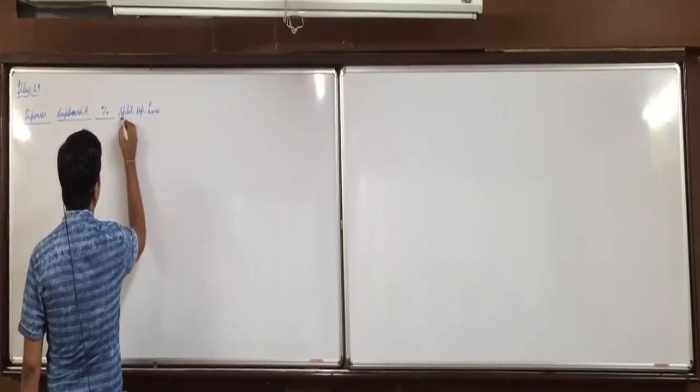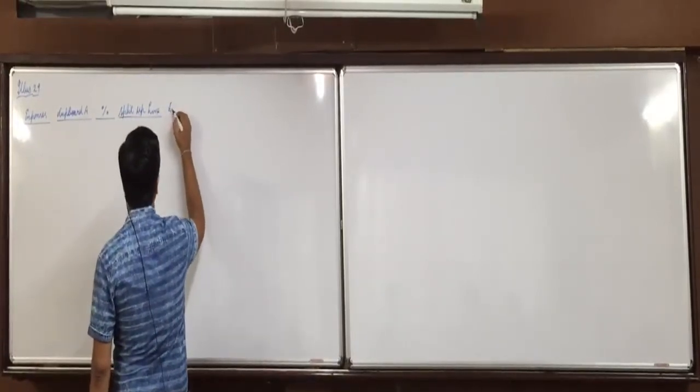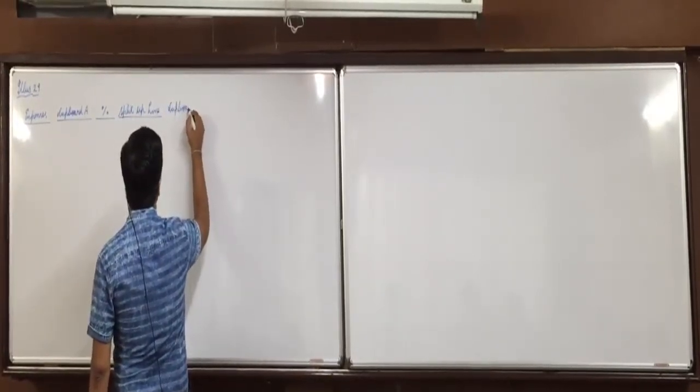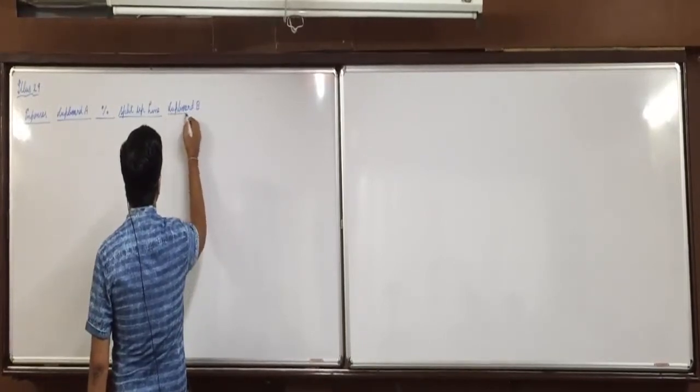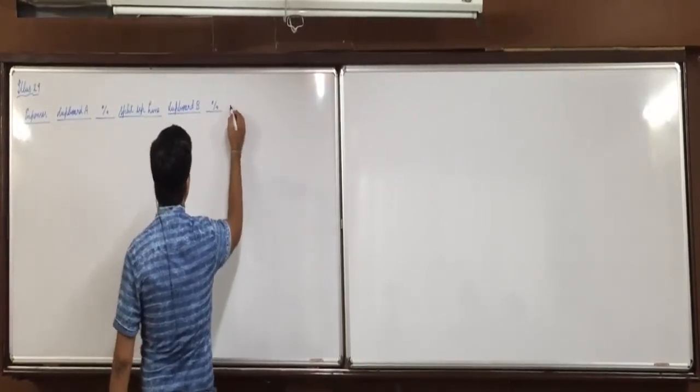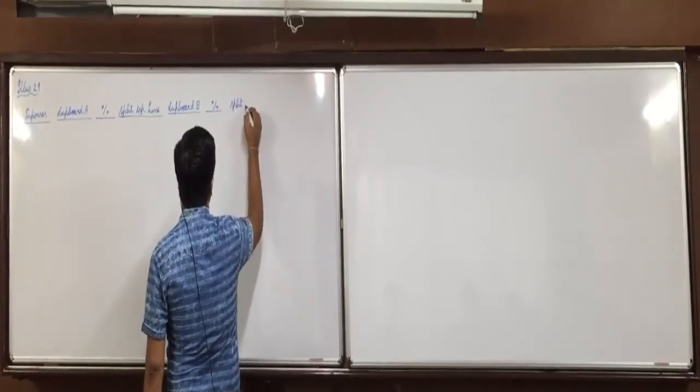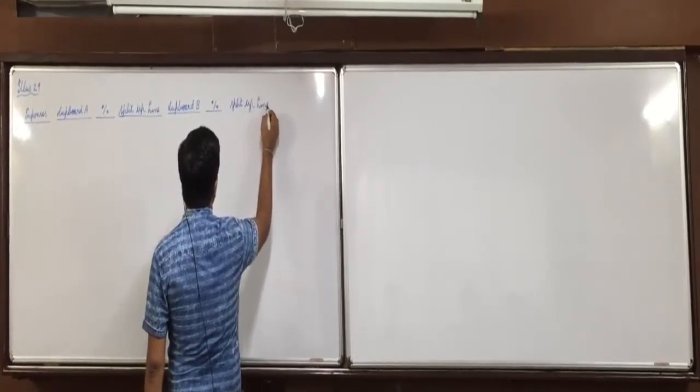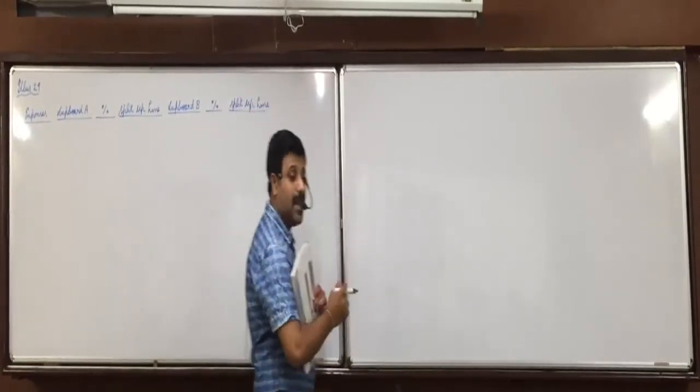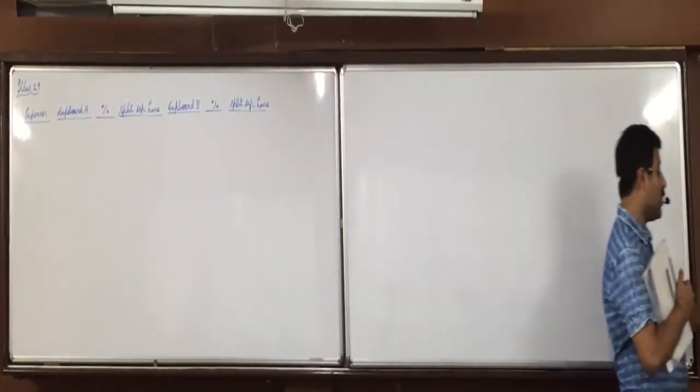Same way cupboard B will also have 3 columns. Cupboard B, percentage and its split up line. Okay, now I am explaining you for A and you will try on your own for B.